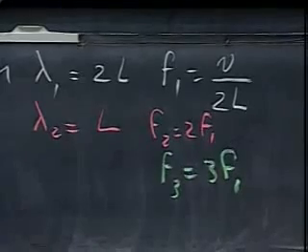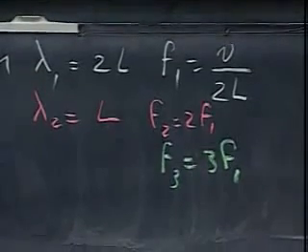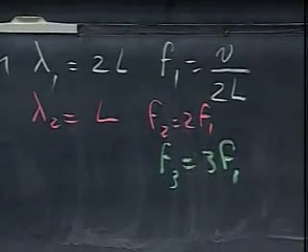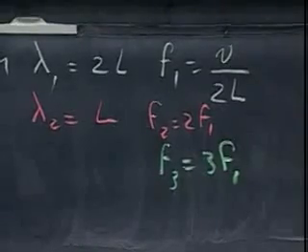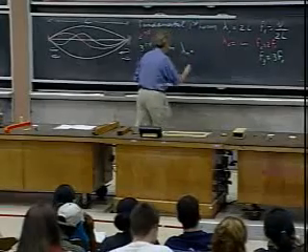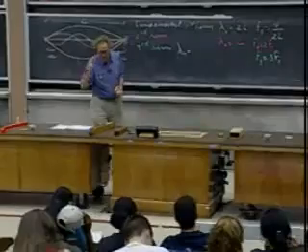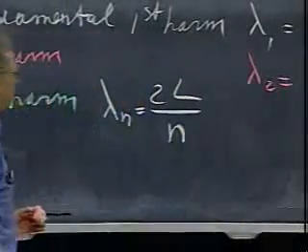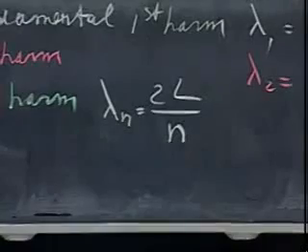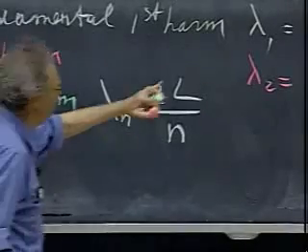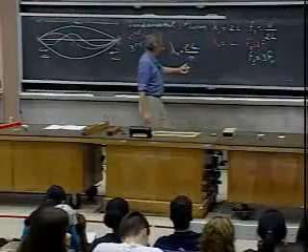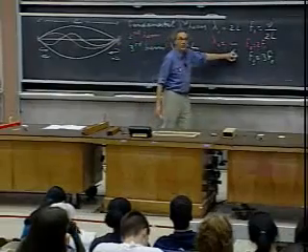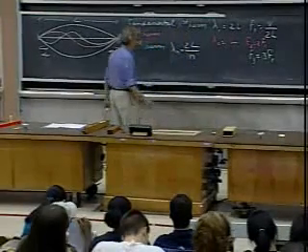And if you want to know for the nth harmonic, n being Nancy, then lambda n equals 2L divided by n. Substitute n equals 1, and you find the wavelength for the first harmonic. Substitute n equals 2, and you find the wavelength for the second harmonic, and so on.